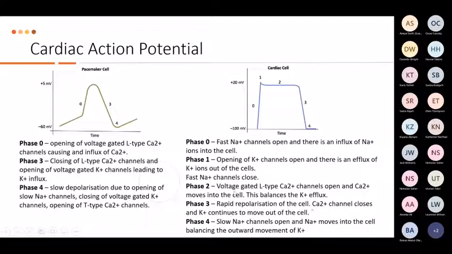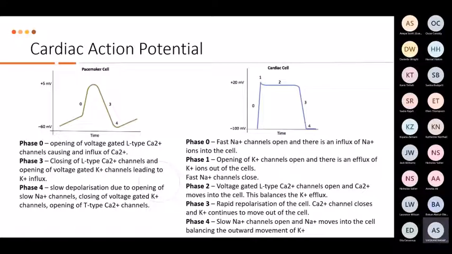Just to briefly go through the whole thing, I'm going to run through it. With your pacemaker cells, you start off in phase 0, where you have the opening of the L-type calcium channels and calcium going in, which depolarizes the cell. Then these channels close and your potassium channels open, leading to an influx of potassium ions.